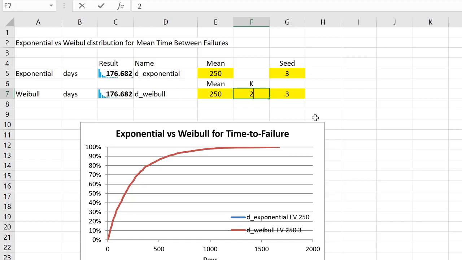If I make it a 2, or a 3, or a 7, you can see what happens to that distribution. I just feel like 1.5 feels right. If you had some data, you could fit that. Remember, having a subject matter expert assessment, no matter how bad, is better than any deterministic result.